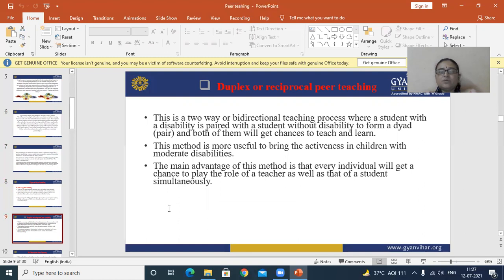Duplex or reciprocal peer teaching. This is a two-way or bidirectional teaching process where a student with a disability is paired with a student without disability to form a pair, and both of them will get a chance to teach and learn.